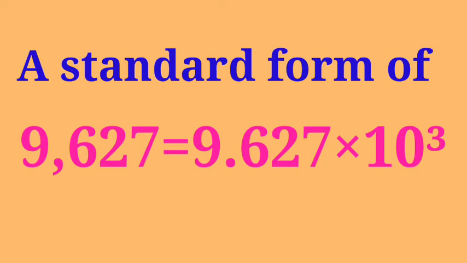So we have 3 digits. So this will be equal to 9.627 times 10 raised to 3, and this 3 which is raised to 10 must be positive, as the number is greater than 1.